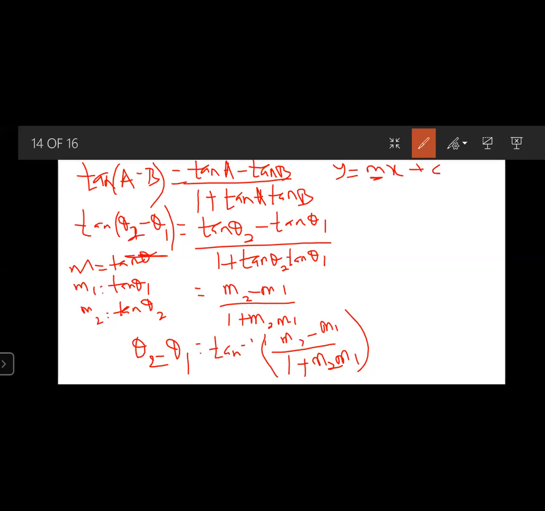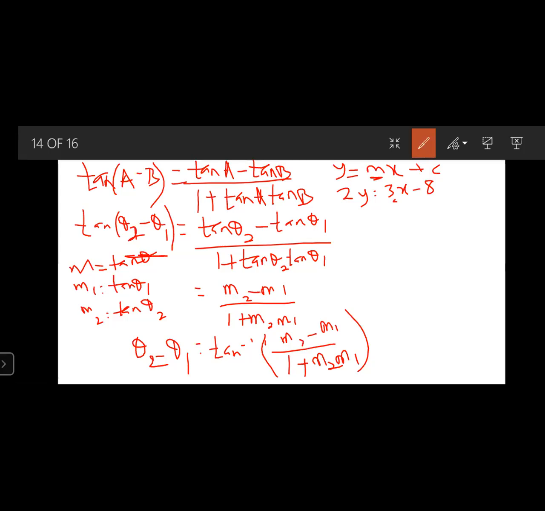Look at the equation given here: 2y equals 3x minus 8. You can't just say the gradient is 3. You must make sure that the coefficient of y is 1.